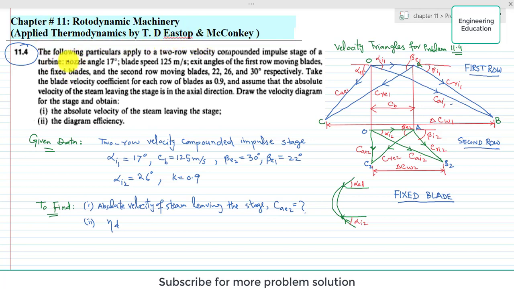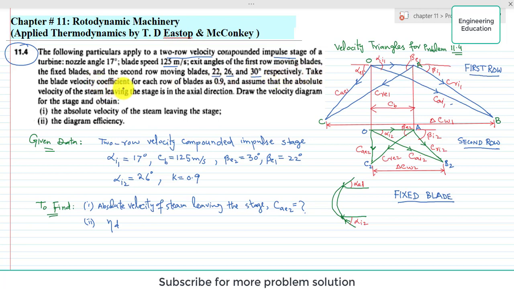Statement of the problem is: the following particulars apply to a two-row velocity compounded impulse stage of a turbine. Nozzle angle is 17 degree. Blade speed is 125 meter per second. Exit angles of the first row moving blades, the fixed blades, and the second row moving blades are 22, 26 and 30 degree respectively.